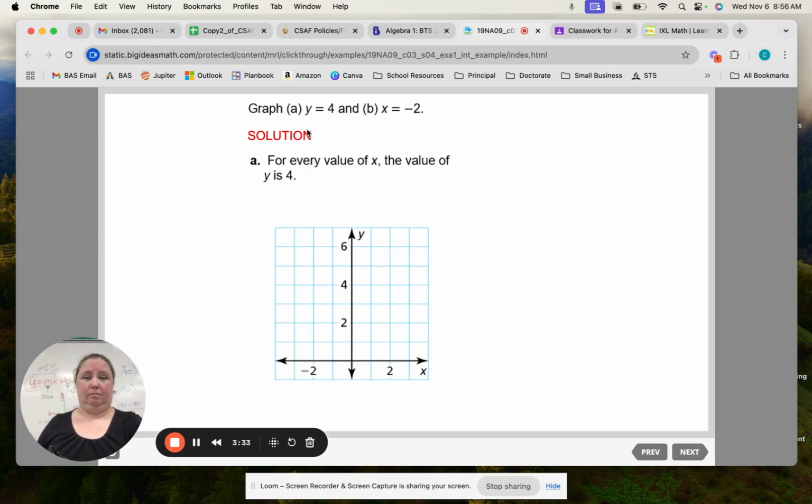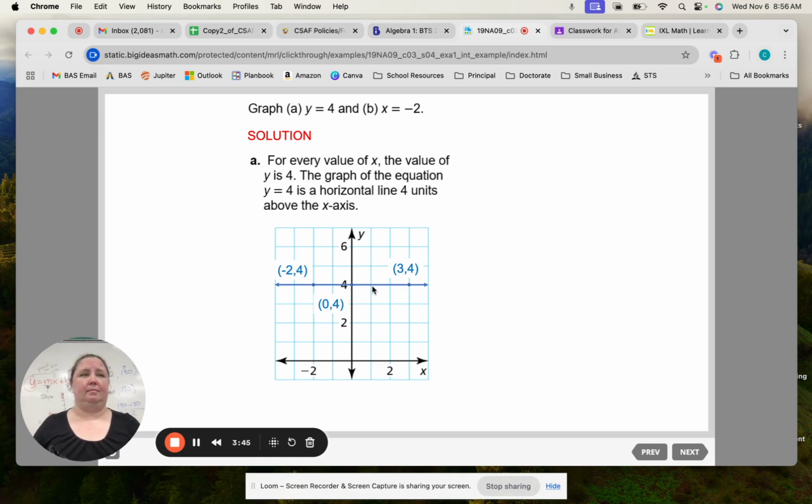So y equals 4, I go to 4 and I put a dot. And then you don't have to solve, but you just pick another dot left or right, and then you know it's a horizontal line, because no matter what value you put in for x, y stays 4.